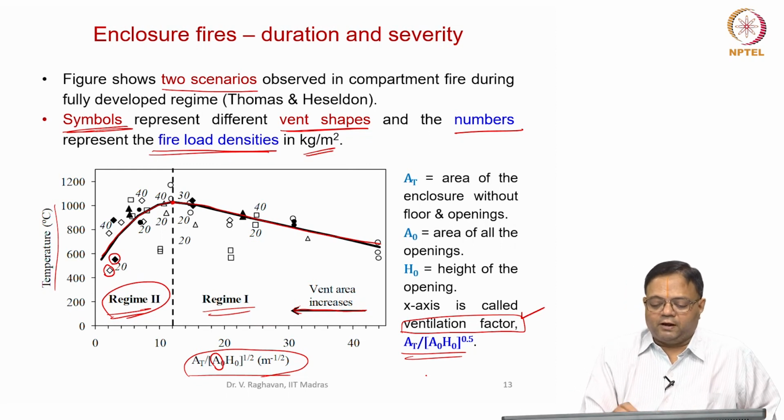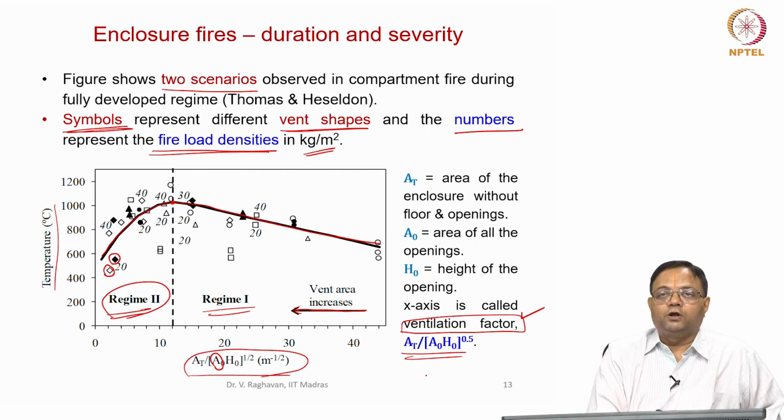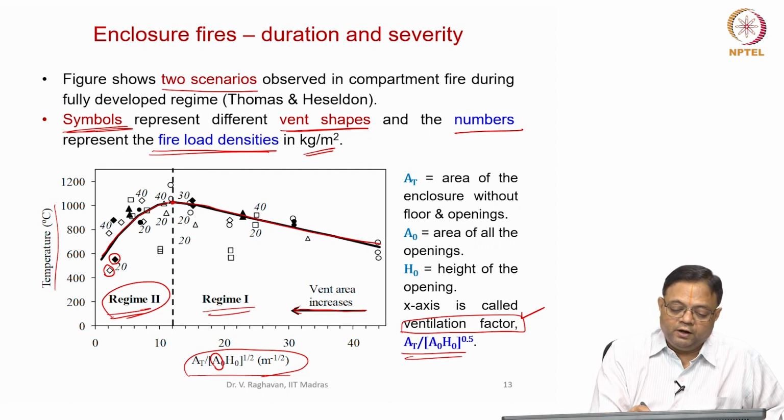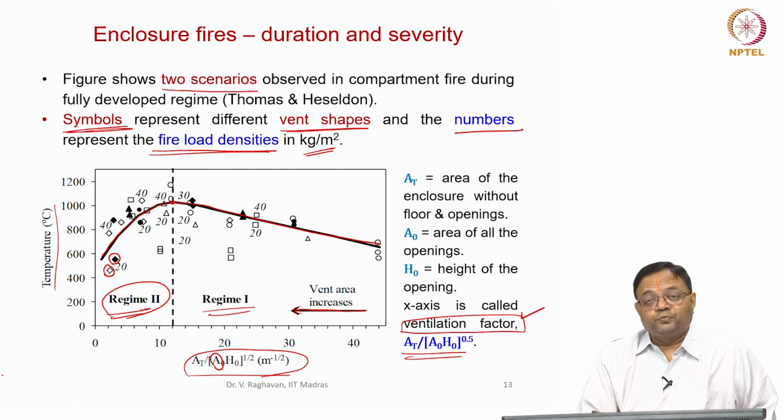In this, the two regimes can be identified. When the vent area increases, larger vent area, you can see that there is a decrease in temperature as the vent area increases. In the fuel, this is actually fuel lean condition, the fuel rich condition.